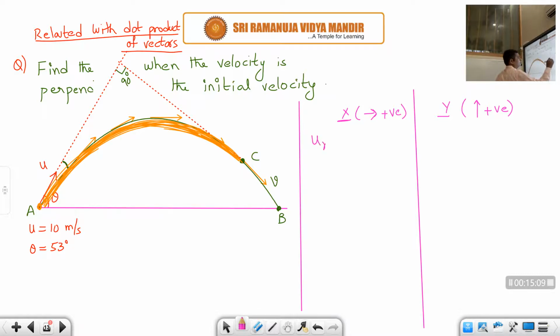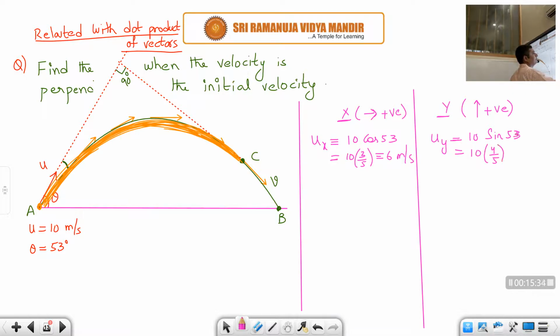So ux is equal to u cos theta, that is 10 cos 53. Cos 53 I already told you, that is 3 by 5. So 10 into 3 by 5 is 6 meters per second. And uy is 10 sin 53, that is 10 into 4 by 5, so that is 8 meters per second.